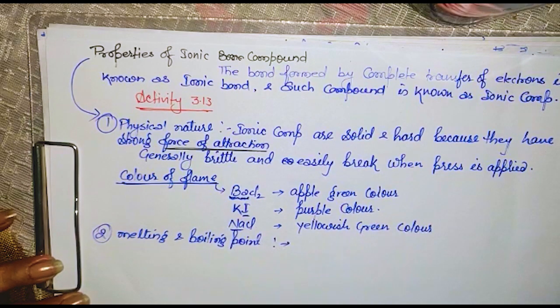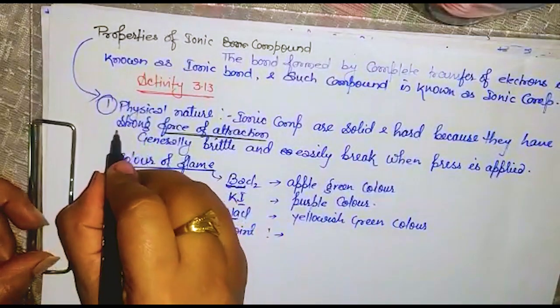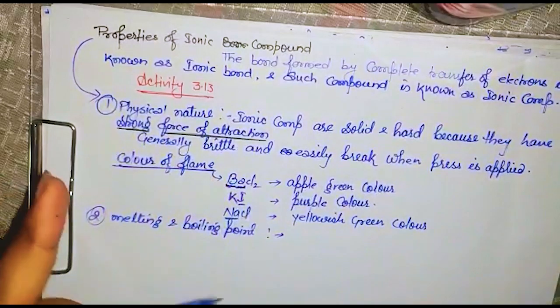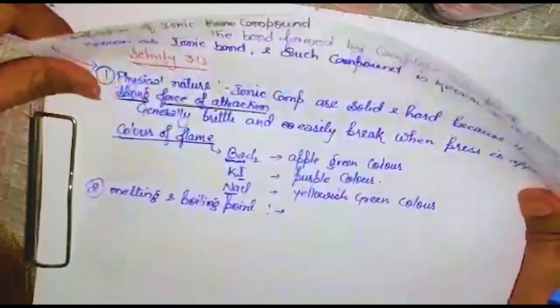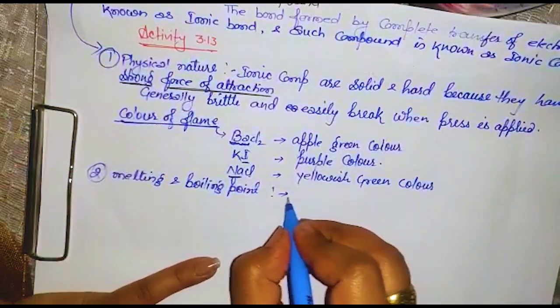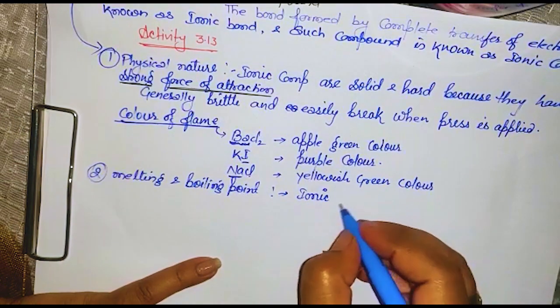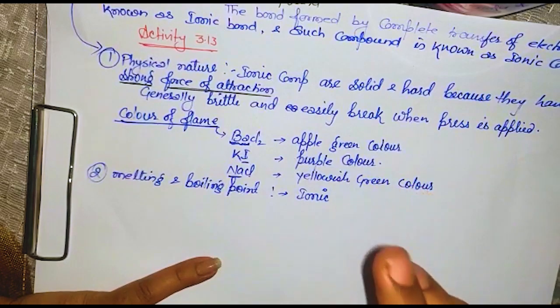Since I told you in the starting about this strong force of attraction, if a strong force of attraction is there, it needs more energy to break. So to melt, it needs high energy. So that's why ionic compounds have high melting point. Since it is solid, we will talk about the melting point only, not the boiling point.